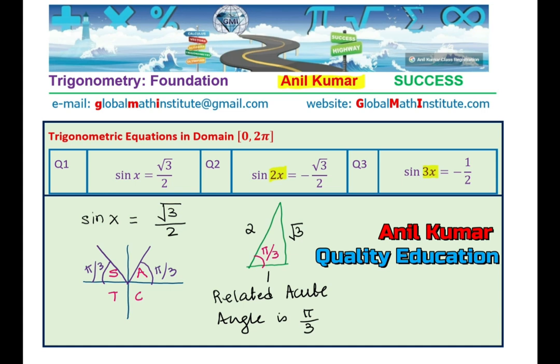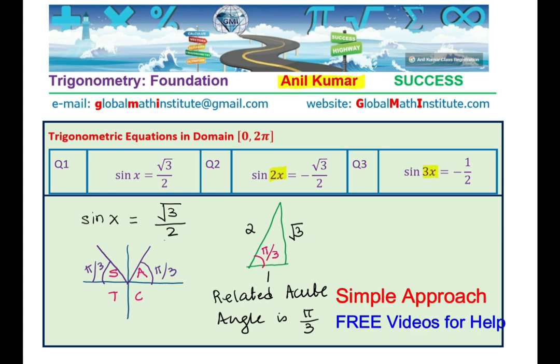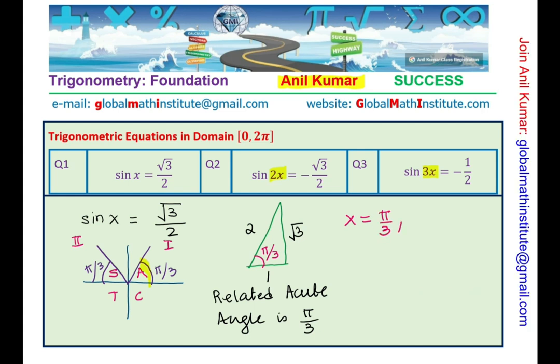Since the solution lies in quadrant 1 and quadrant 2, the principal angles we write as the answer are x equals pi by 3 itself, and the other one being pi minus pi by 3, or 2 pi by 3. That is how we get two solutions for sin x equals square root 3 by 2.